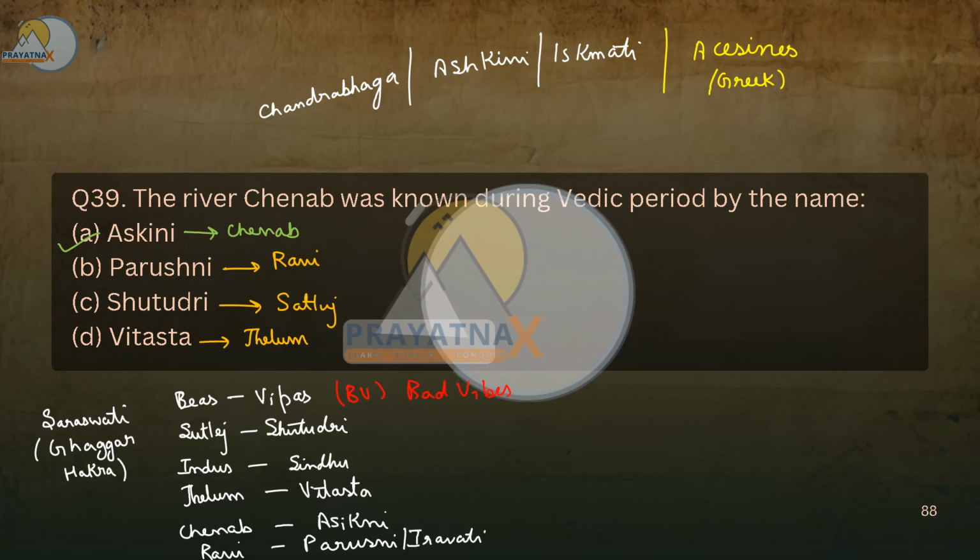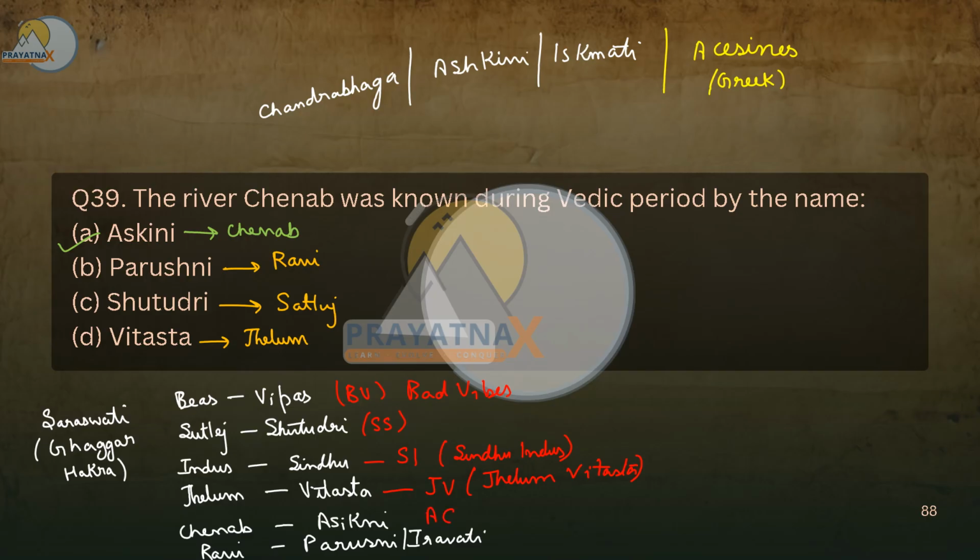B suggests Beas, V for Vipas, SS for Satluj and Shatudri, SI or simple interest would be Sindhu and Indus. Now JV would be joint venture of Jhelum and Vitasta.